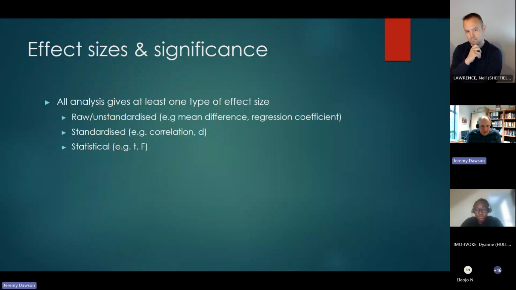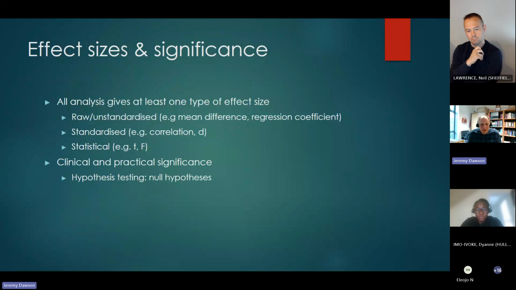However, reporting at least one type of effect size is really important. This helps you establish the clinical or practical significance. However, what it doesn't do is tell you anything about the statistical significance.